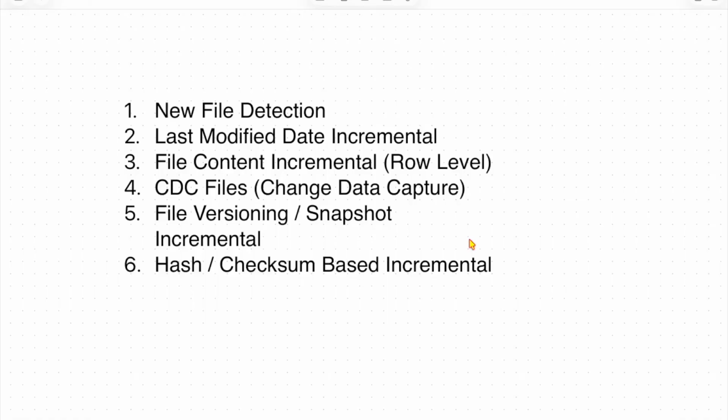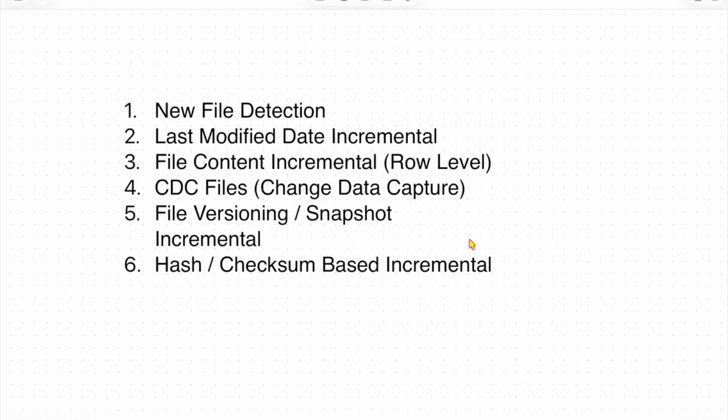In the last session, we understood how to bring the data incrementally if your source is a file. We discussed 6 types of incremental techniques and learned how to detect and load the data incrementally when a new file arrives.